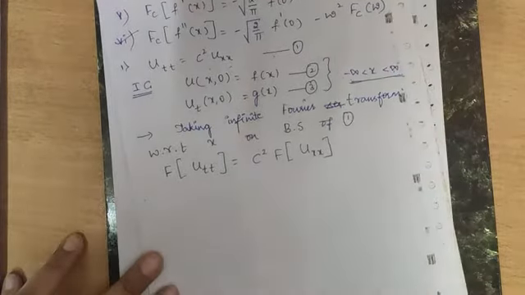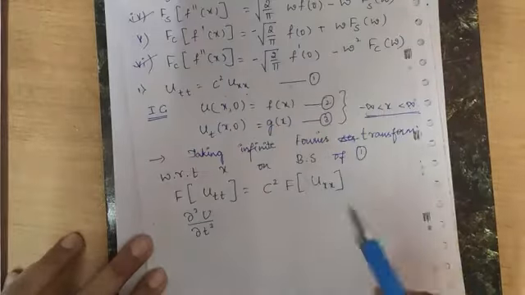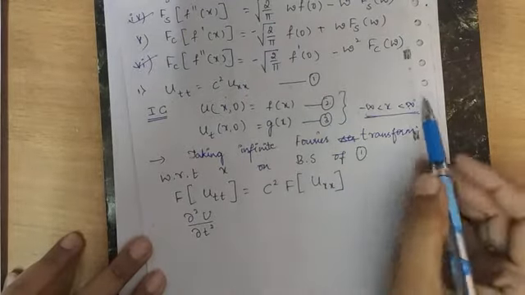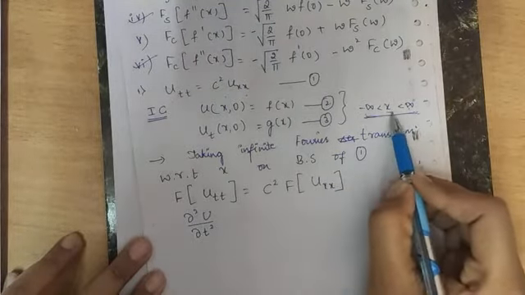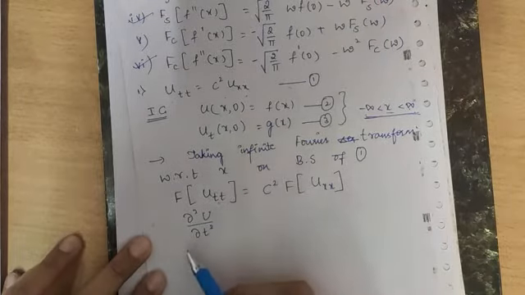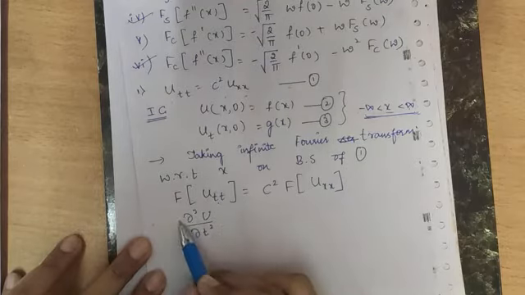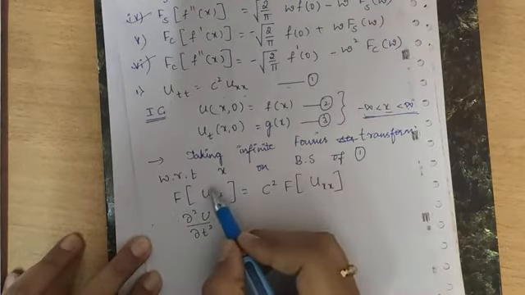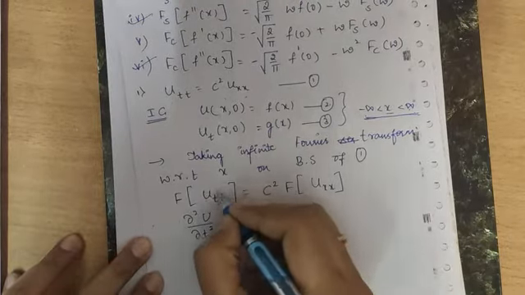Since we are taking Fourier transform with respect to x, this is the differential operator with respect to t, so the derivative with respect to t remains as it is. But here the function u is a function of x and t.